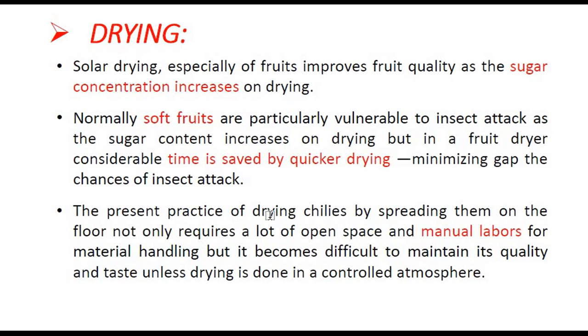And the present practice of drying chilies by spreading them on the floor not only requires a lot of open space and manual labor for the material handling, but it becomes difficult to maintain its quality and taste unless drying is done in a controlled atmosphere.